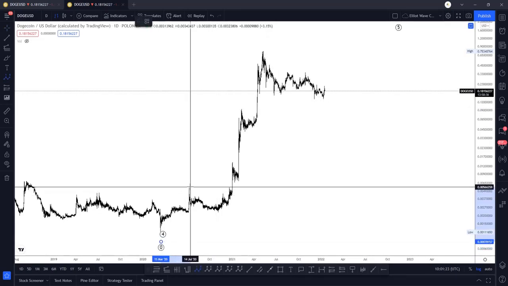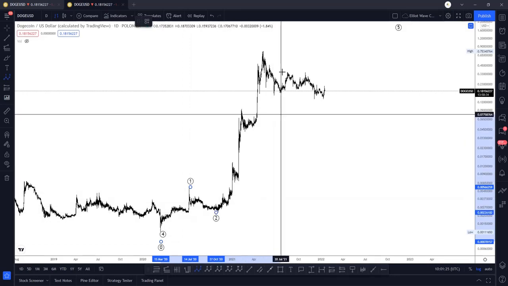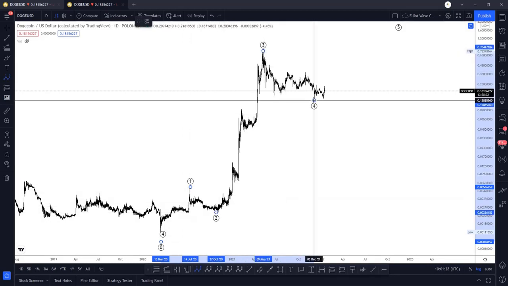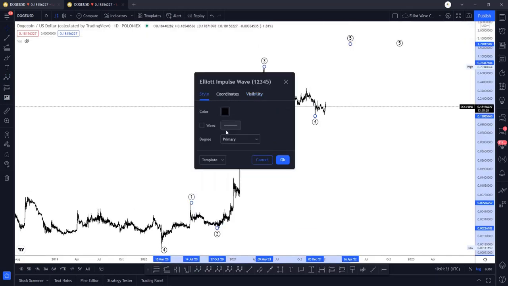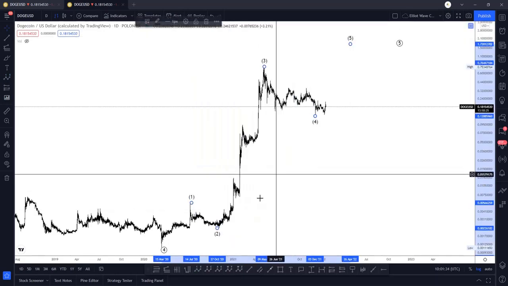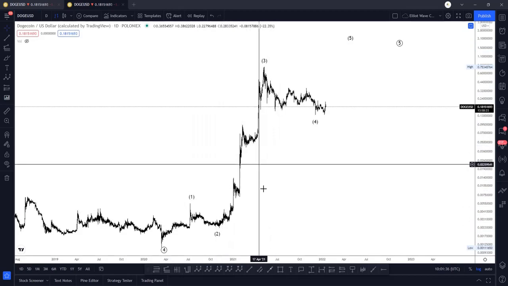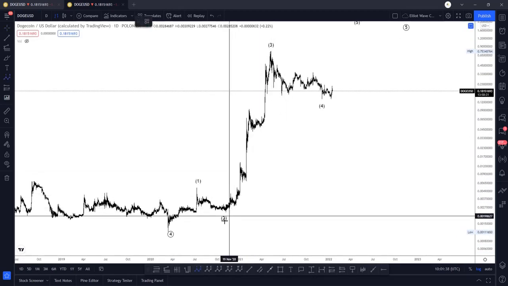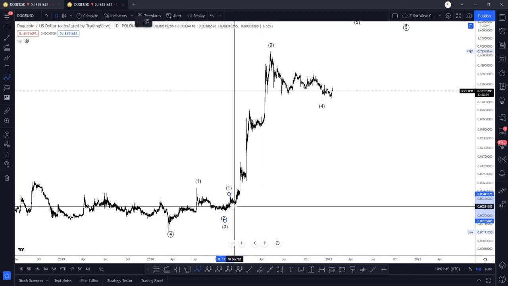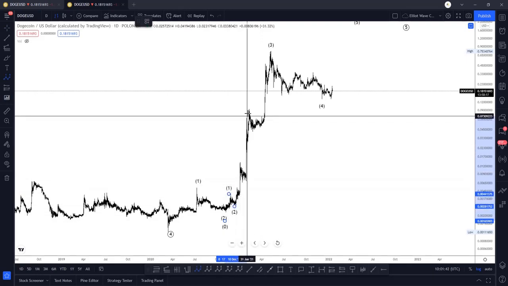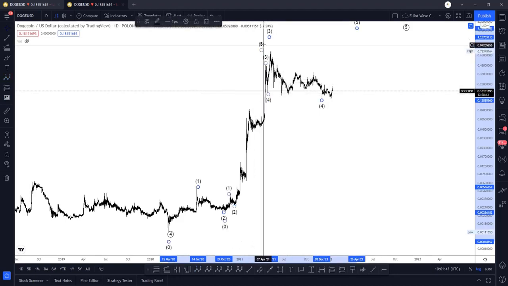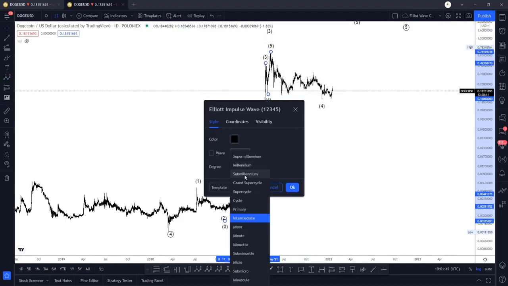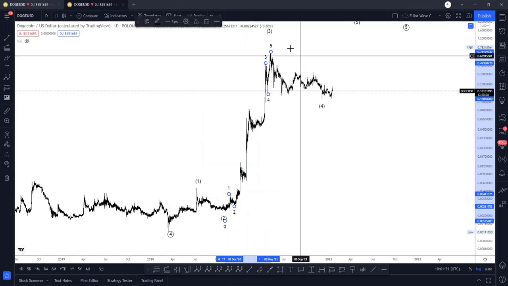We've got wave 1, 2, 3, 4, 5. Fairly simple. We know this is a 5 wave because if you look in between the markets here, wave 1, 2, 1, 2, 3, 4, 3, 4, 5, you can see another extended wave 3.